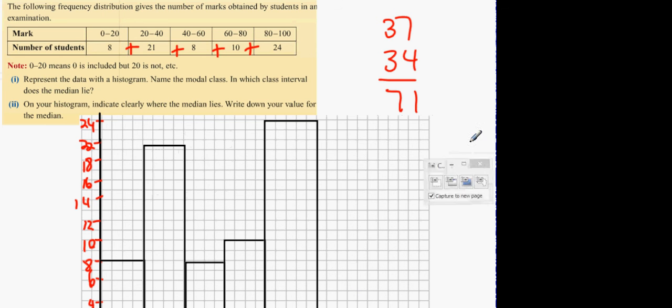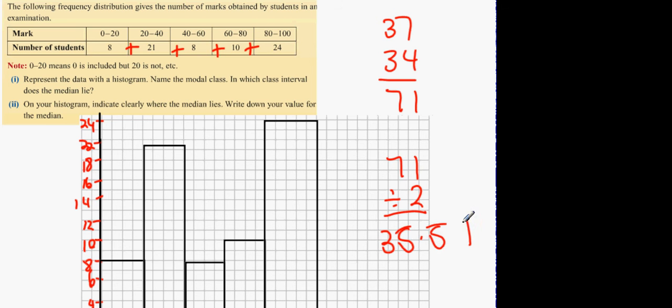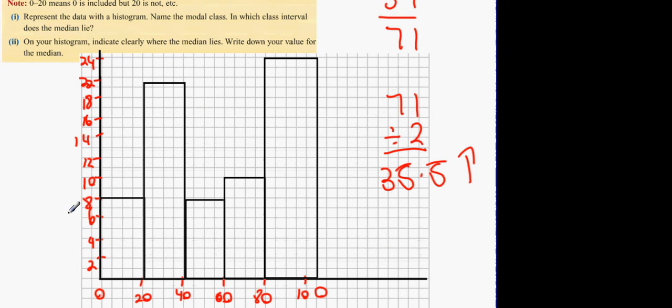After this, how do I get the median with 71 people? Divided by 2. And what do we get? 35.5. You round it up and it's going to be the 36th person.